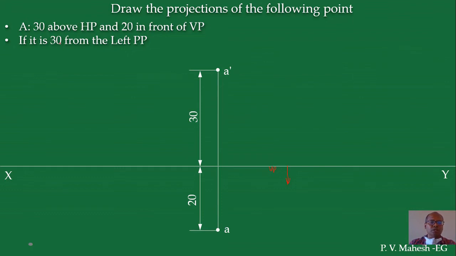Now what we have to draw? We have to draw the left profile plane at a distance of 30 mm from the point. So this distance is 30 mm from the point.